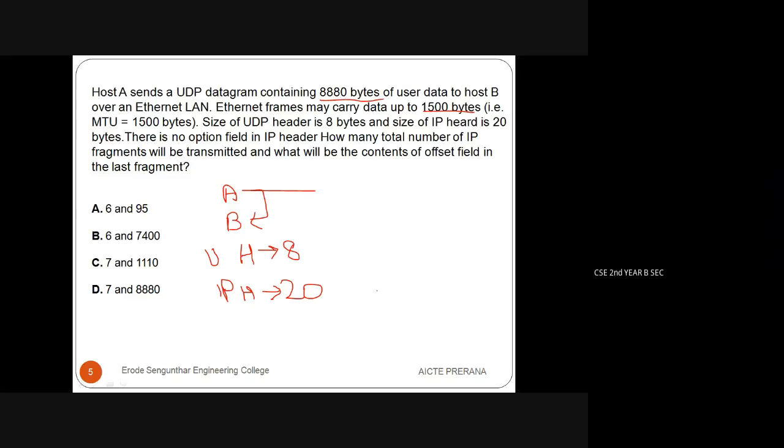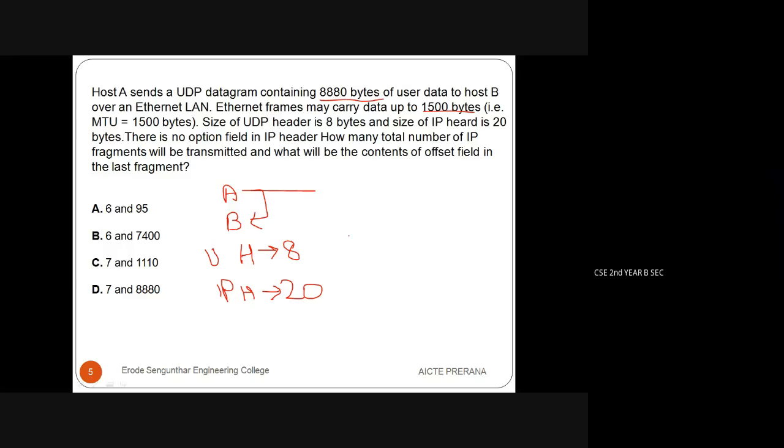The question is very pointed. These kinds of questions require analysis. Before analyzing this, we should have basic knowledge about the UDP header, the IP header, and the different types of bytes in the UDP and TCP protocols.